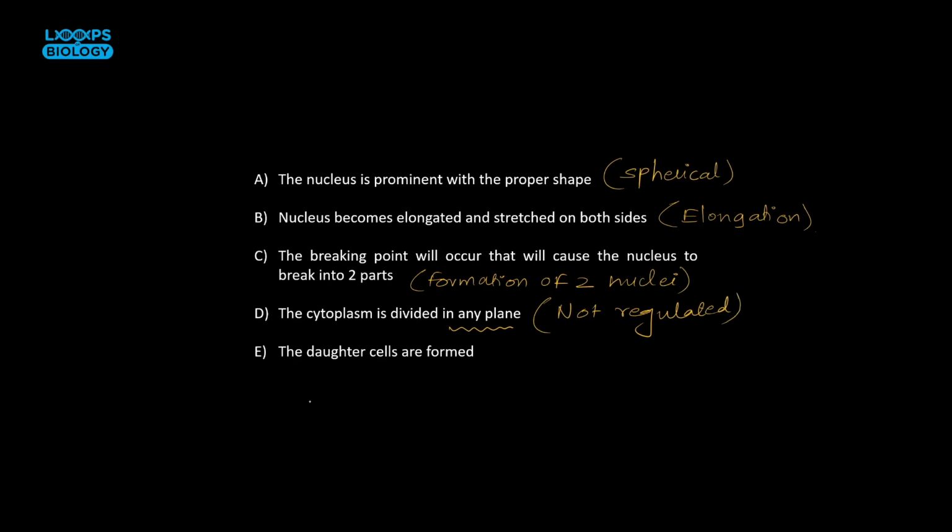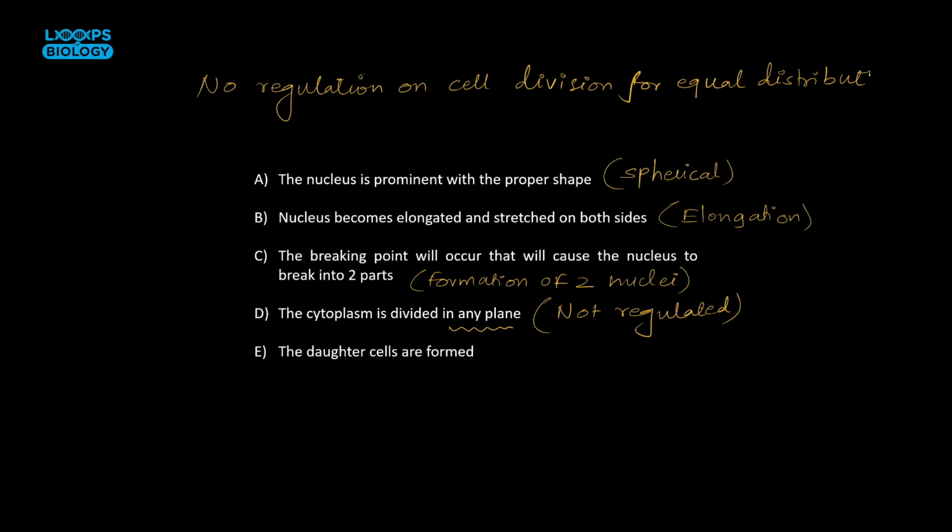And then I am going to get two daughter cells. Now, as we are talking about mitosis, it is a primitive type of cell division. That means there is no regulation on cell division for equal distribution of cellular content.